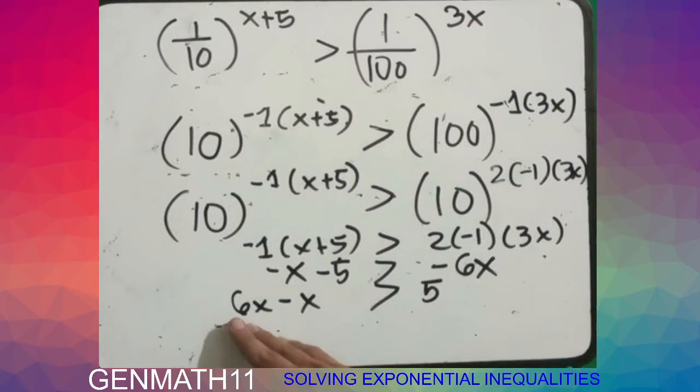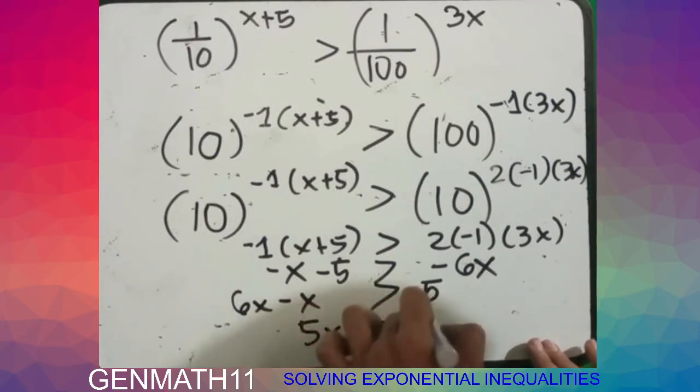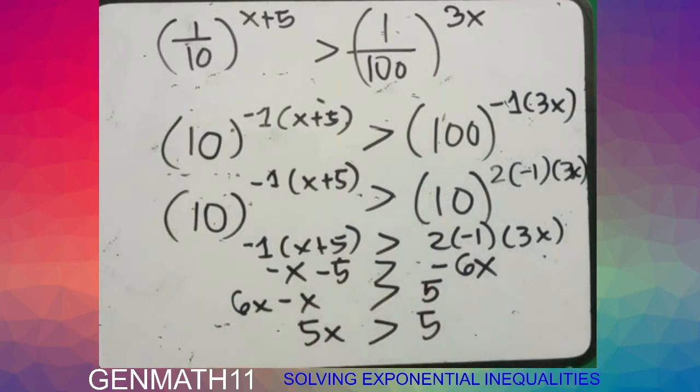Okay. So, 6x minus x is 5x is greater than 5. So, i-recheck natin na baka magkamali tayo kanina. So, 5x is greater than 5. So, x is greater than 1. I-recheck lang natin na baka magkamali na ako. So, yan.